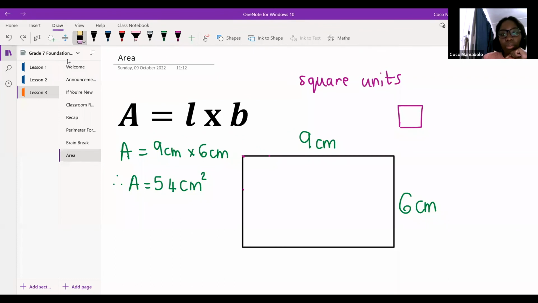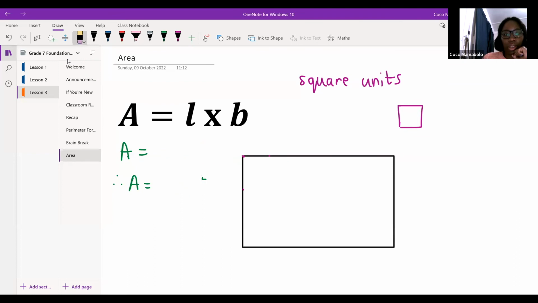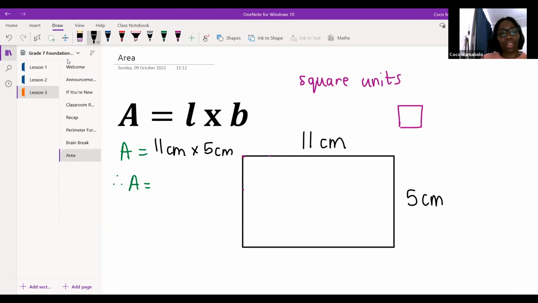Okay, one more because we've got to go. If my length is 11 centimeters, be very careful, guys, 11 centimeters, and my breadth is 5 centimeters, what is my area? Area is equal to 11 centimeters times 5 centimeters. Therefore, area is equal to... Sila, you forgot something.